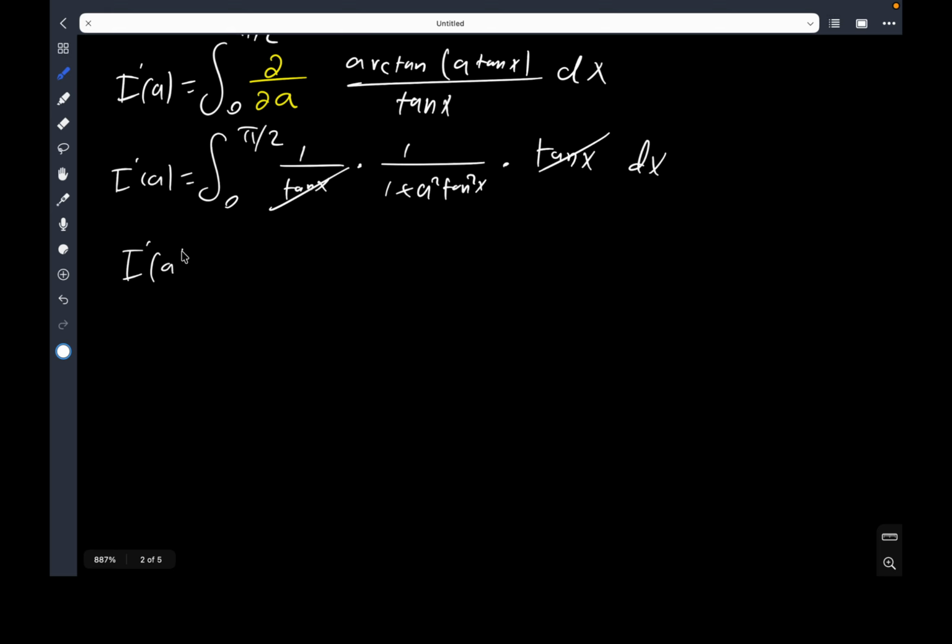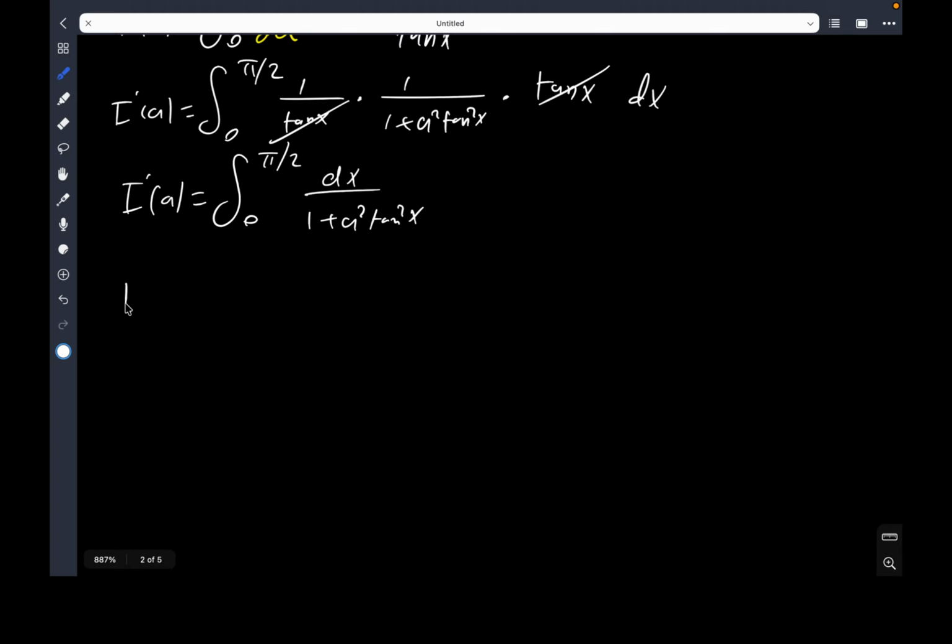Thus my I prime of a is the integral from 0 to pi over 2 of dx over 1 plus a squared tan squared x. Now what I'm going to do, I'm going to multiply and divide this by secant squared x.